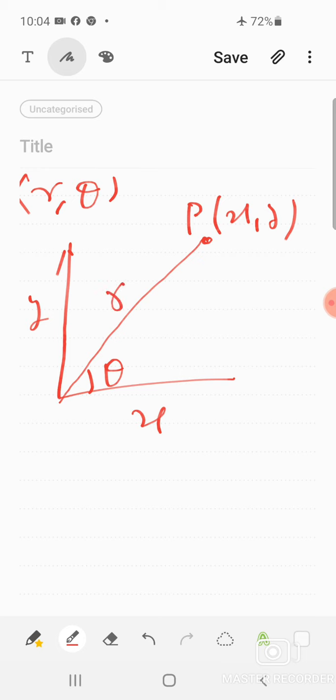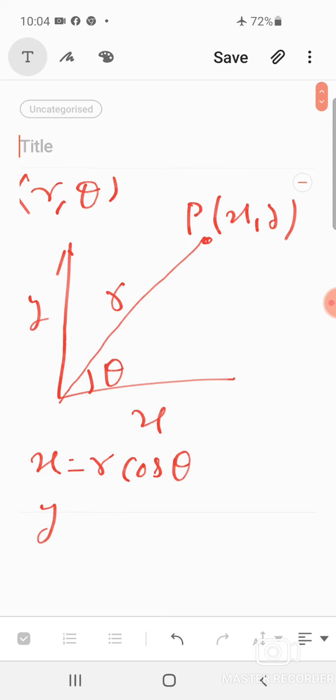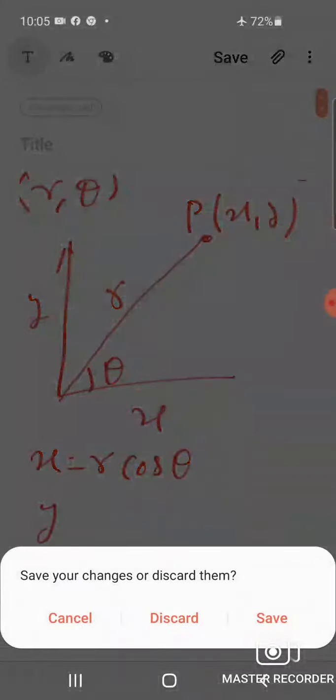Then x will be equal to r cos theta, and y will be equal to r sine theta. These are the polar coordinates.